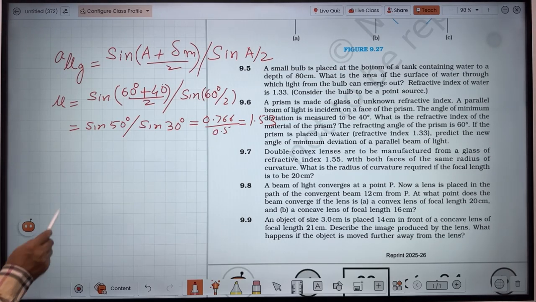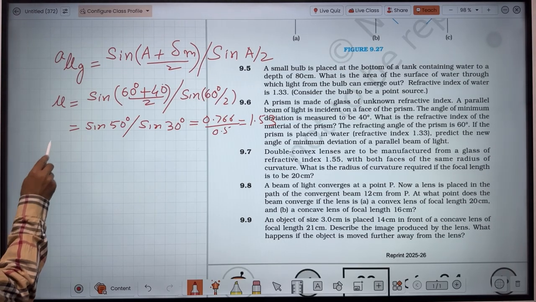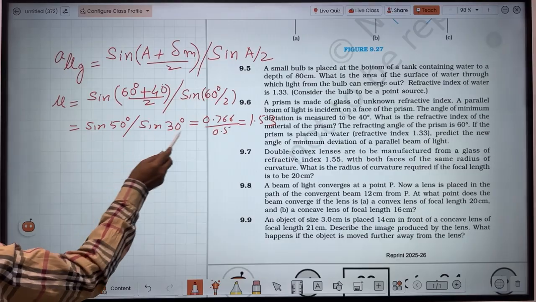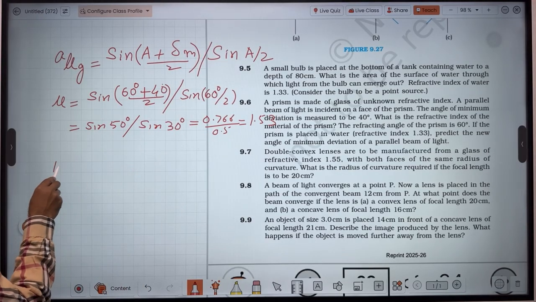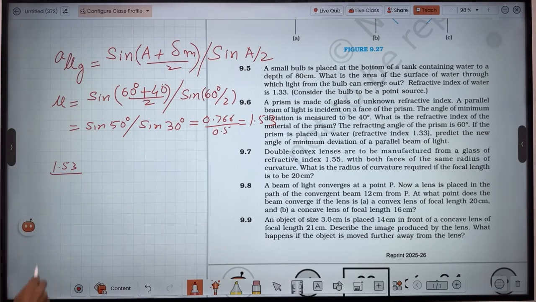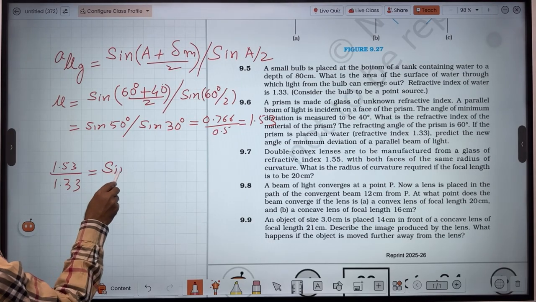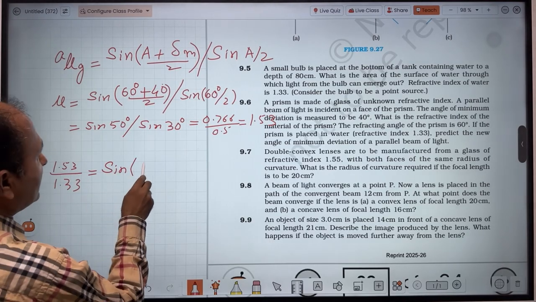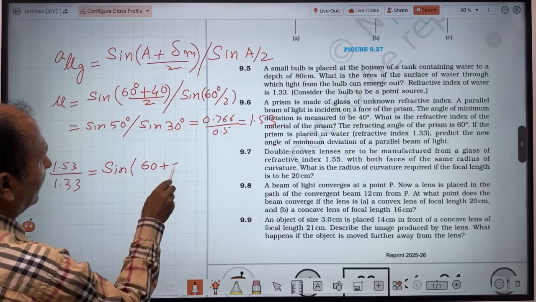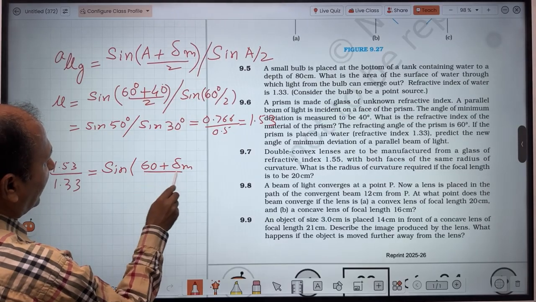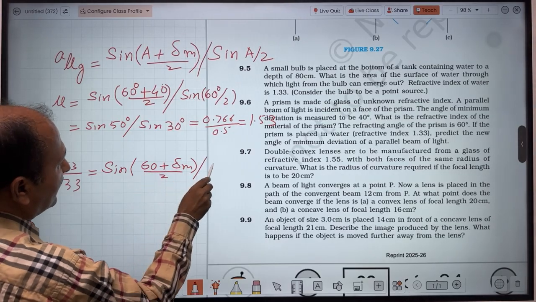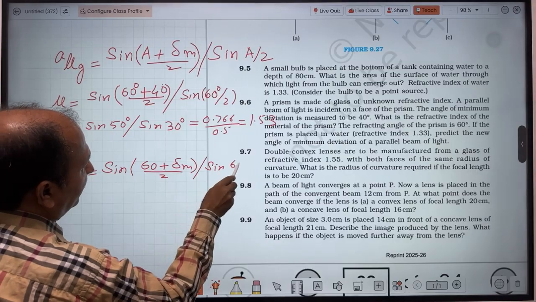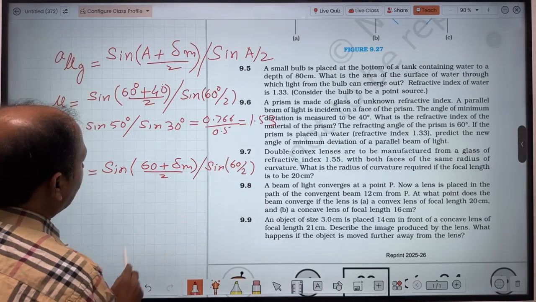So everything will remain the same except mu will become a ratio, means the value that we have obtained, 1.53 divided by the refractive index of water, that is 1.33, is equal to sine of (60 plus delta m) divided by 2, divided by sine 60 by 2 degree.